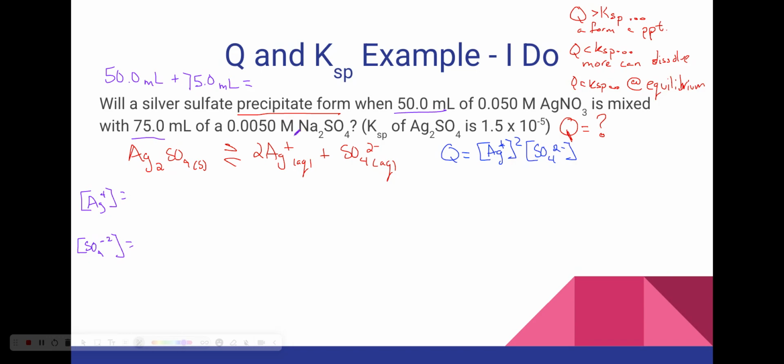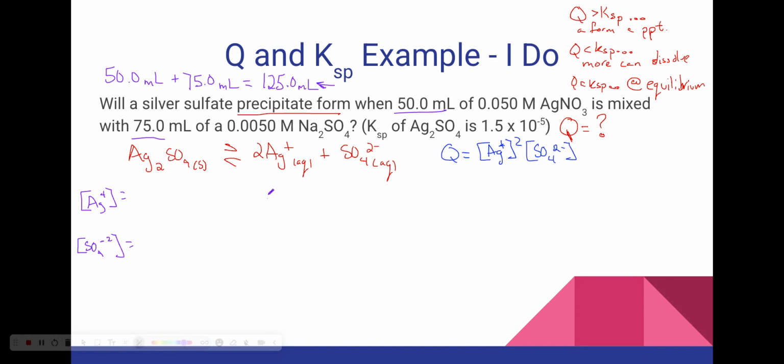We can't just plug these values in right away, because they're liquids and we have a new total volume now. We added 50 milliliters of one solution to 75 milliliters of another, which means our new total volume is 125 milliliters. So we have to recalculate the concentration of silver ion and sulfate ion.